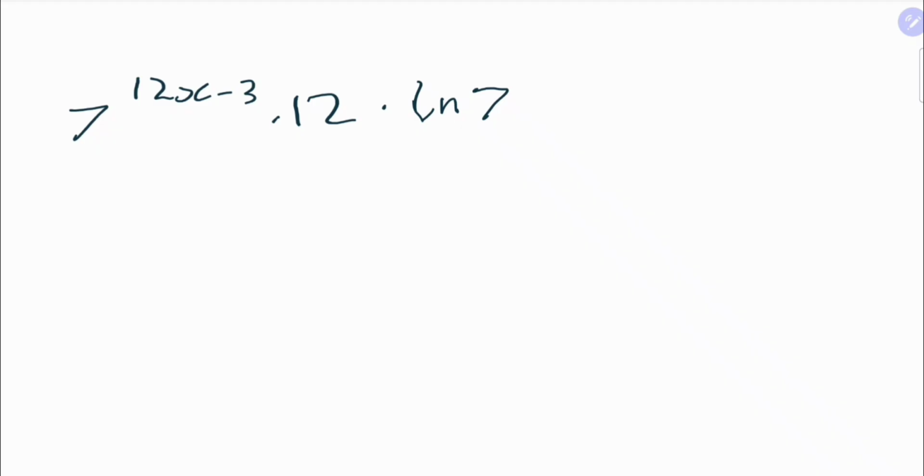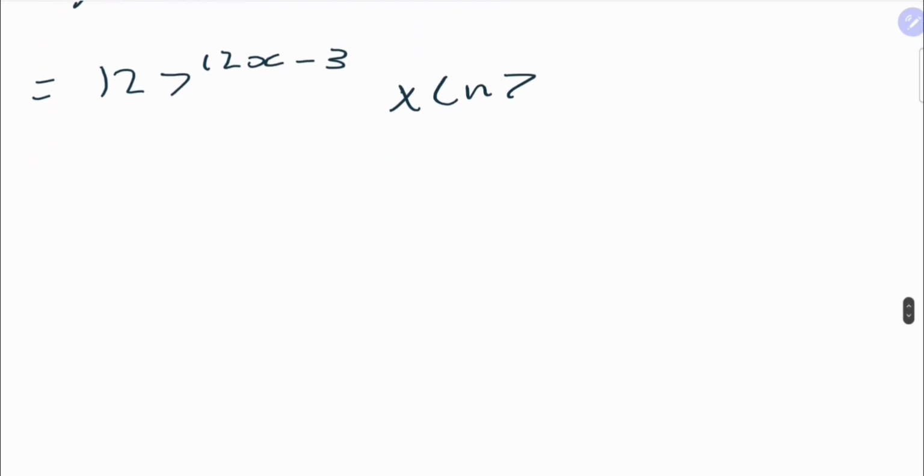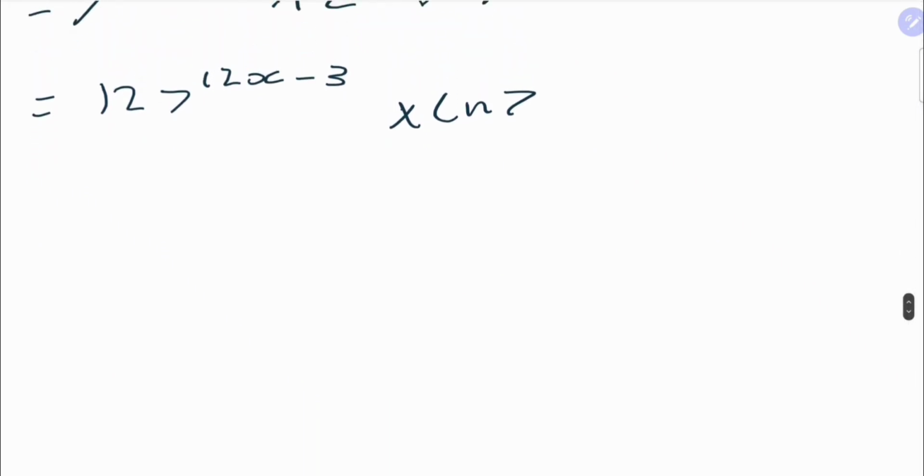Okay, so then we can simplify this to 7 to the 12x minus 3, and then just times natural log 7, sorry. Yeah, so that's going to be it for the derivative part.